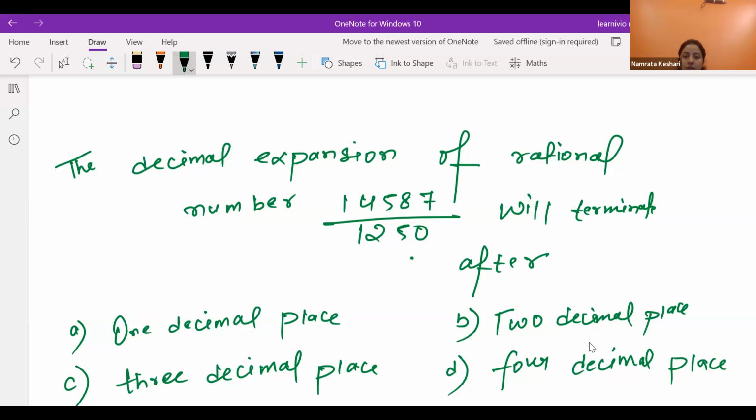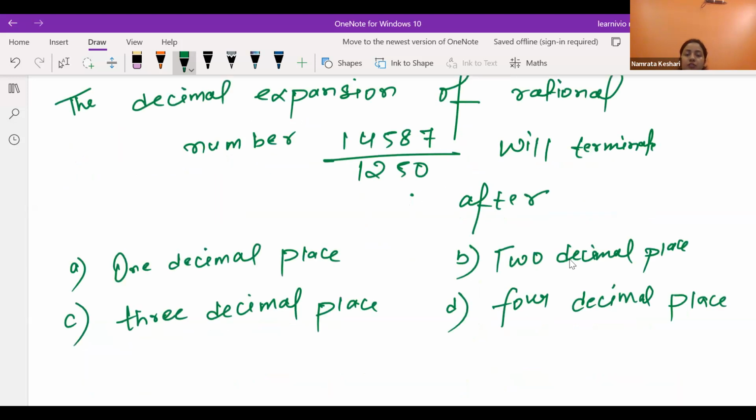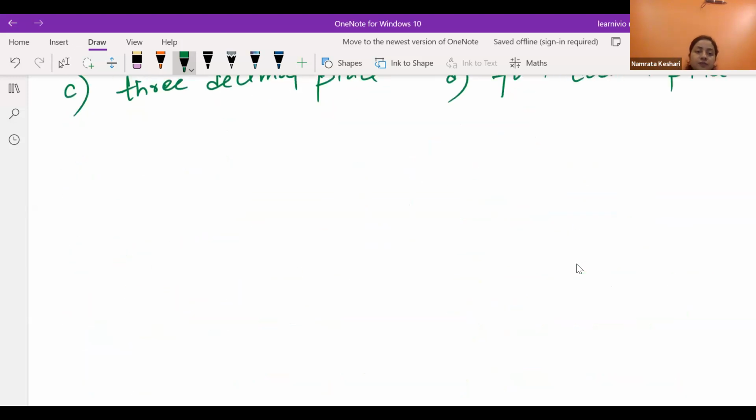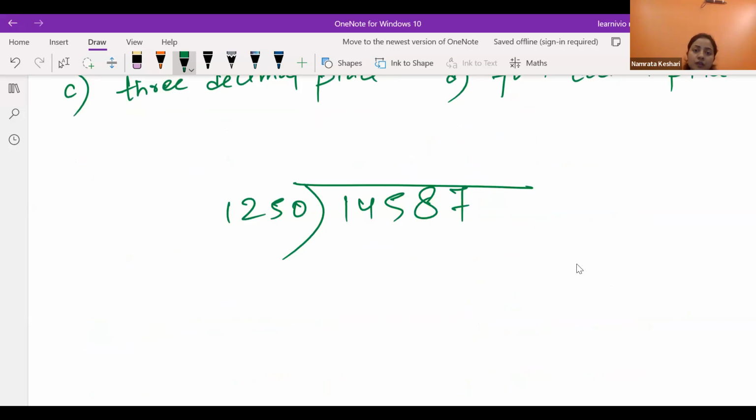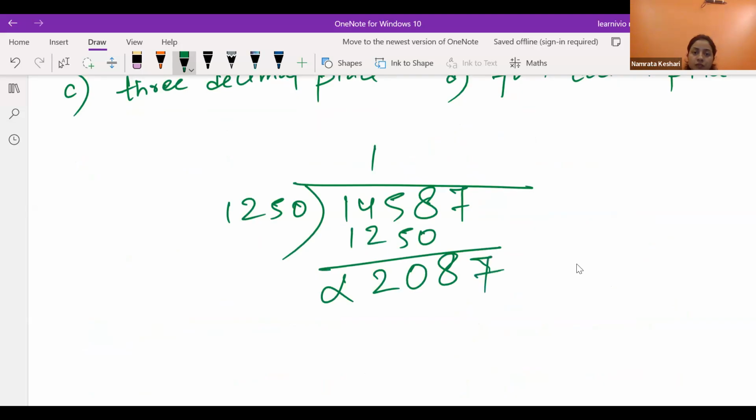Okay, let me check it. 14587 divided by 1250. We know 12 times 2 is 24, so still one time we'll be having, right? Yeah, 5. Yes, ma'am.